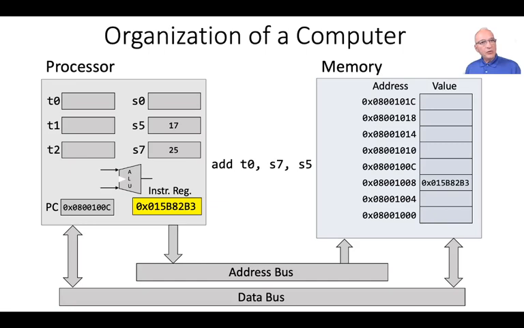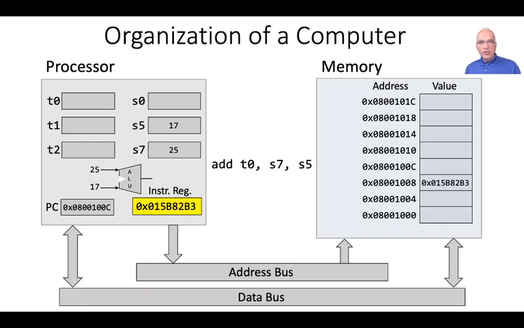So after decoding, the processor will then have the information that this is the add of S7 and S5, putting the result into T0. So the execution of this instruction will now take the value from S7 and give it as one input to the arithmetic logic unit, the value of 17 as the other input.